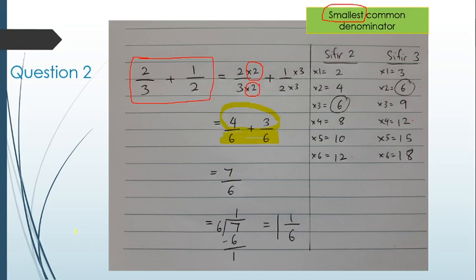But as in the previous question, we do not want the answer to be an improper fraction. So we have to change the improper fraction into a mixed number. So we divide it, and then we will have 1 over 6.